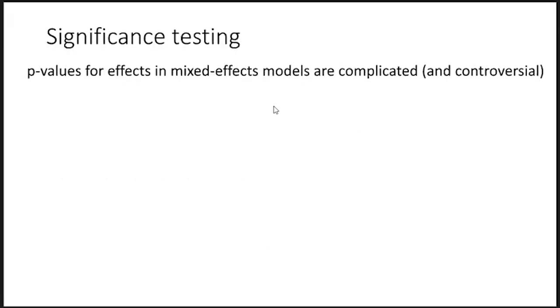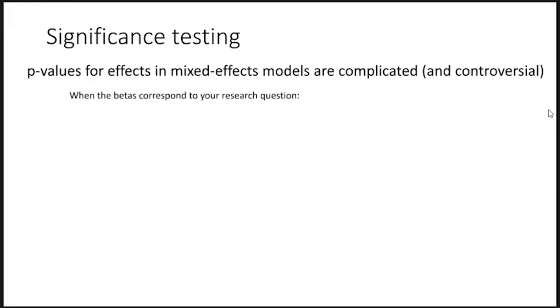Significance testing for the beta coefficients is a controversial topic. It's complicated and controversial. The way that we showed, we did the t-tests on the coefficient, but some people believe that there are violations of assumptions for the t-test when you use mixed effects models, so you shouldn't do those.